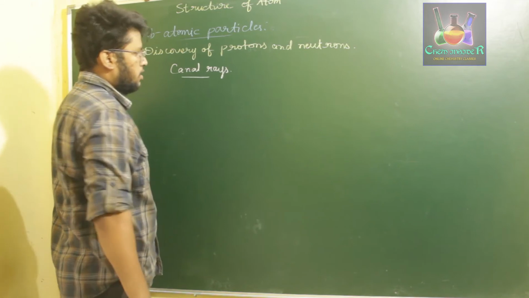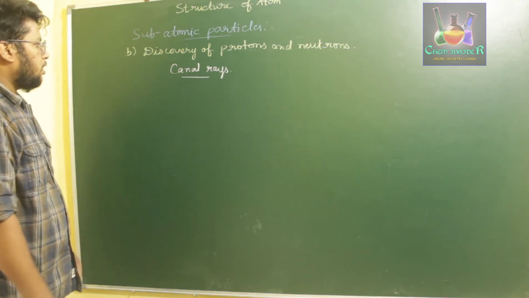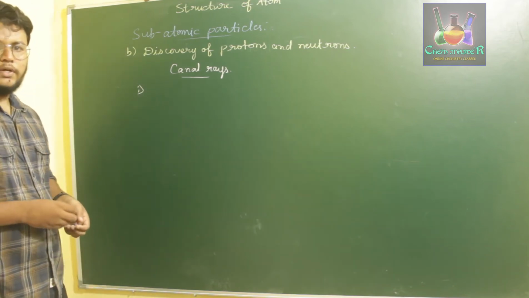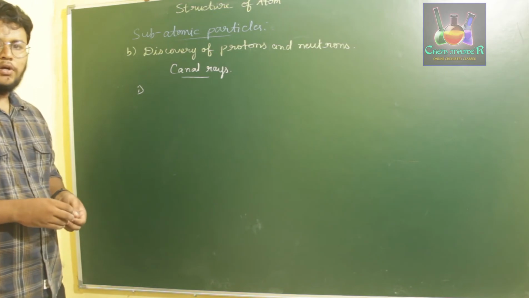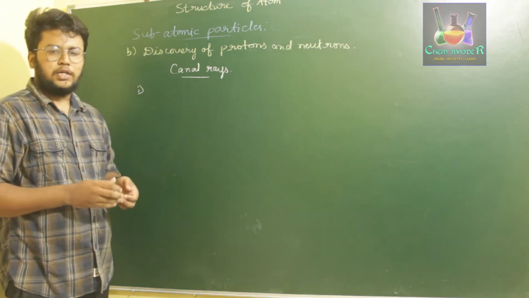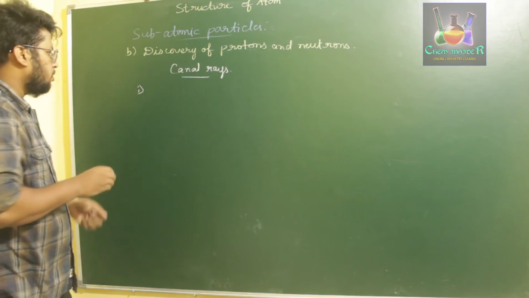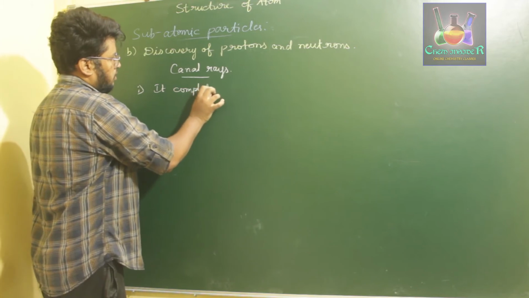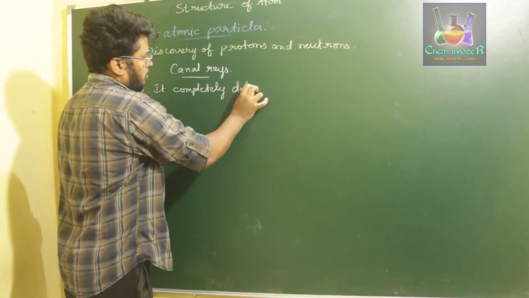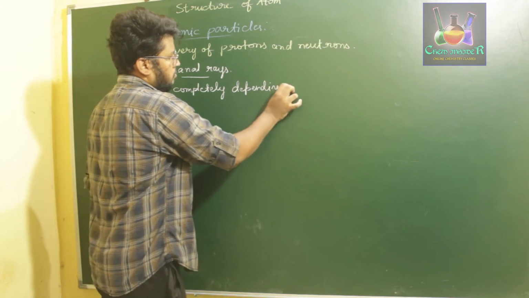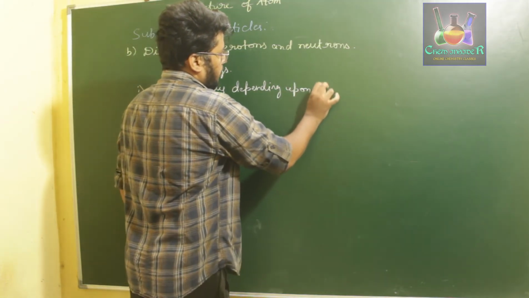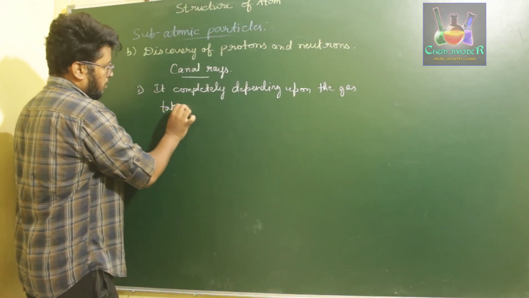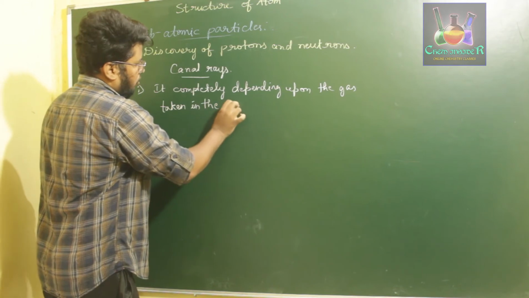had certain properties, and those were, first, these canal rays observed in the cathode ray tube were completely because of the gaseous atoms taken inside the cathode tube. So it completely depended upon the gas taken in the cathode ray tube.